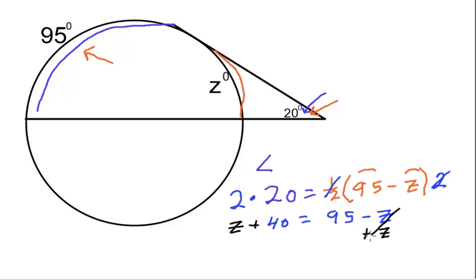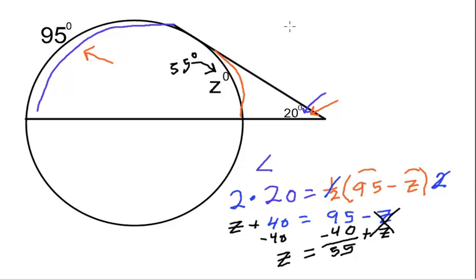So these z's over here cancel out. Now I'm left with z plus 40 equals 95. And now I can subtract 40 from both sides. And I'm left with z equals 55 degrees. So this arc here is 55 degrees.